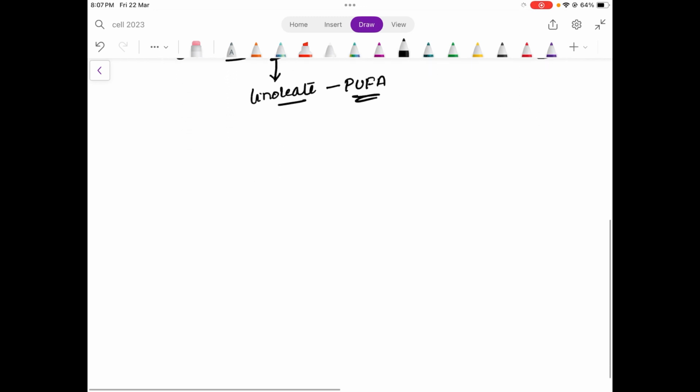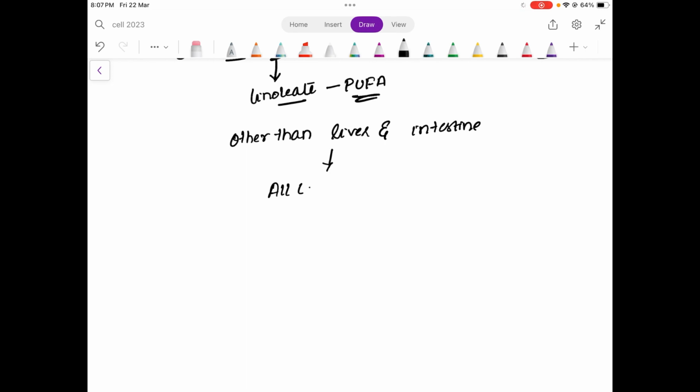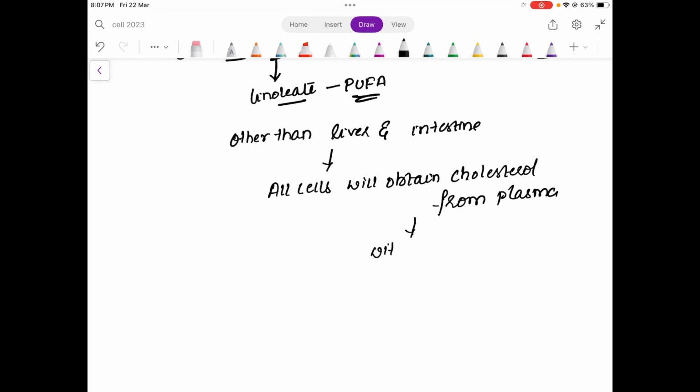And other than liver and intestine, all cells will obtain cholesterol from plasma with the help of LDL molecule.